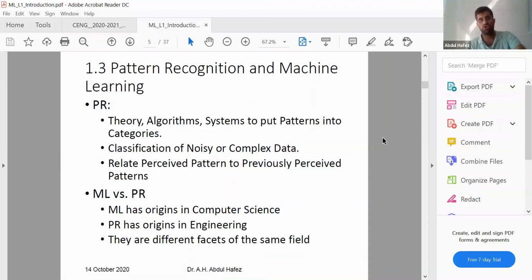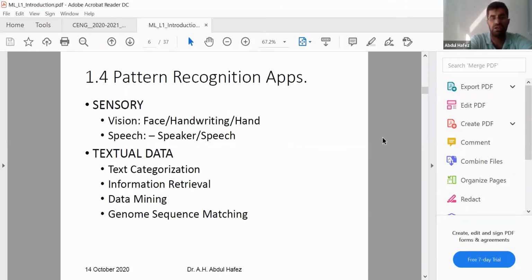So pattern recognition is doing the recognition. Machine learning is teaching computers how to do recognition. So pattern recognition is recognizing objects. Machine learning is teaching computers how to recognize objects. I hope this is clear. I would never expect a clearer statement about machine learning and pattern recognition.